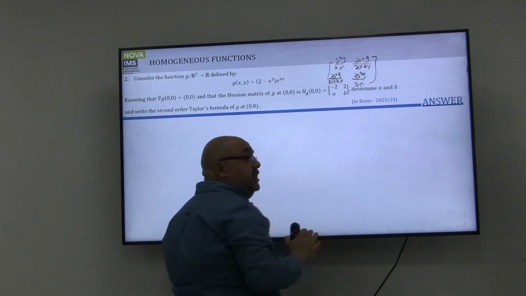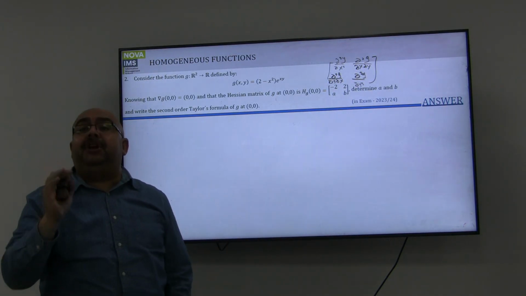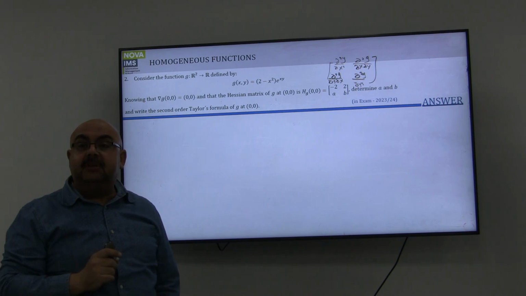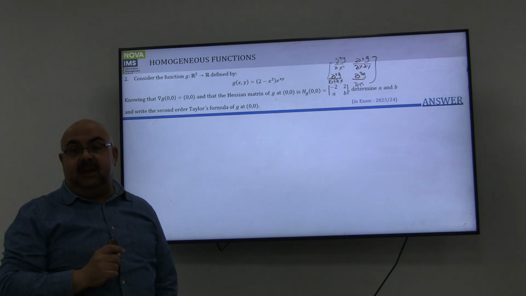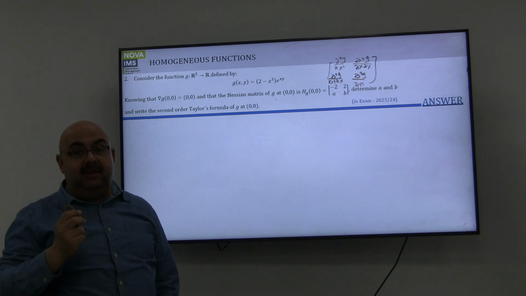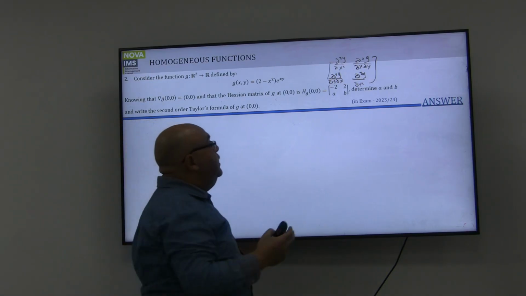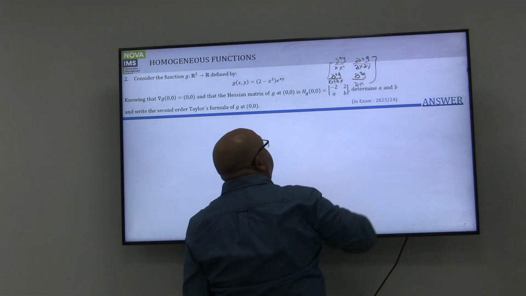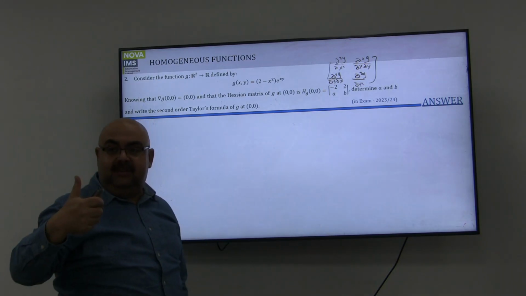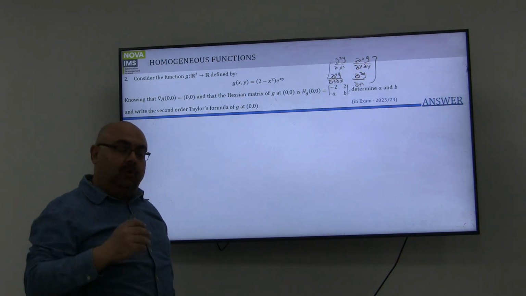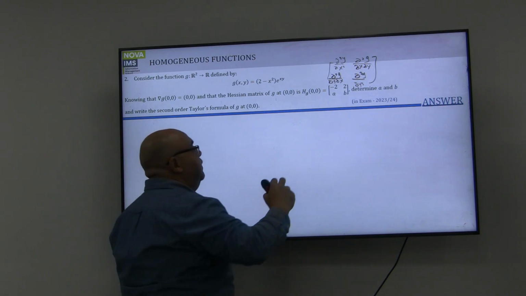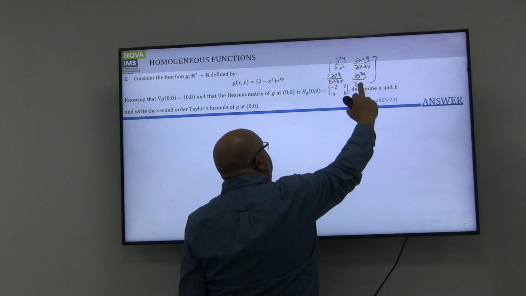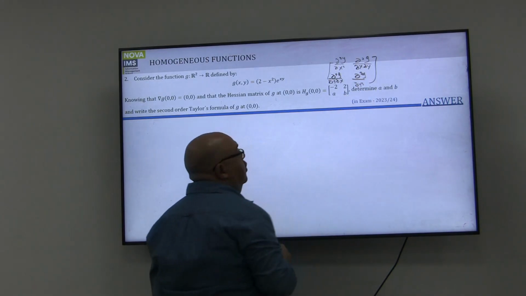We know that the Hessian matrix is a symmetric matrix. What's a symmetric matrix? Symmetric matrices have the same elements around the principal diagonal, which means that a is equal to 2. That's the first. Right? And then it will also mean that partial 2g partial y squared is the value of b.